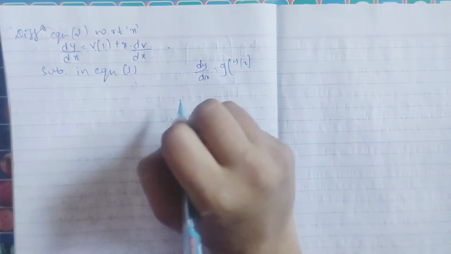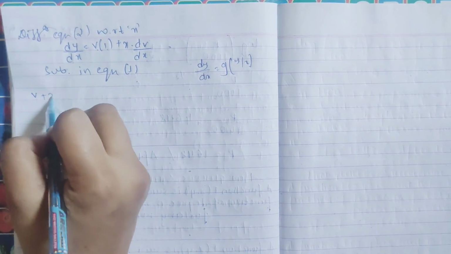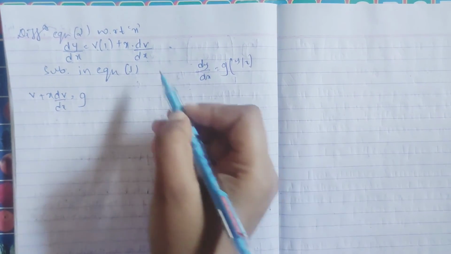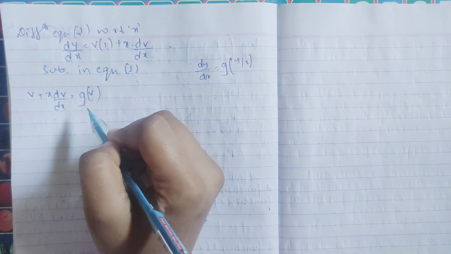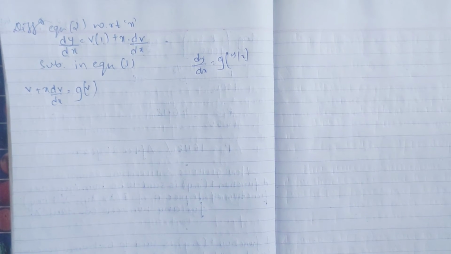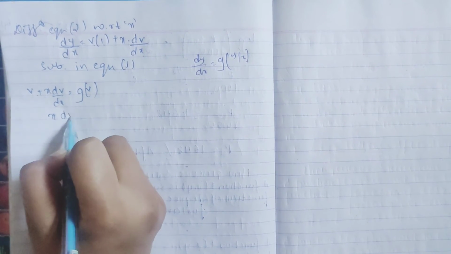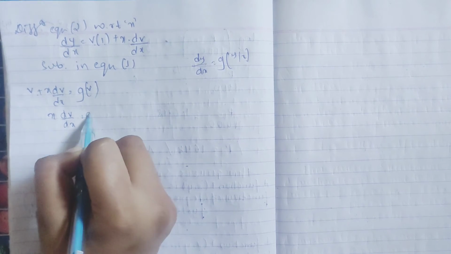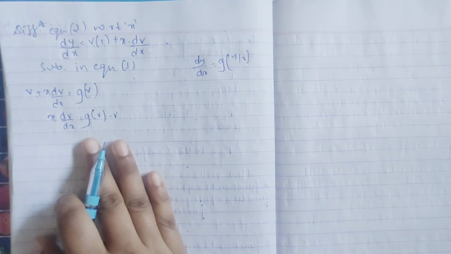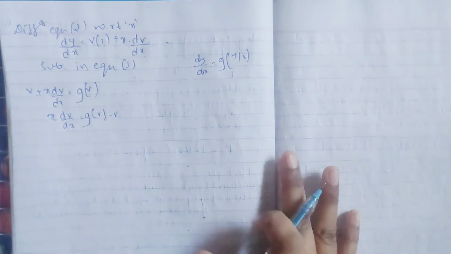So g of y by x I can take as v only, because we have taken v equal to y by x. So we get v plus x dv by dx is equal to g of v. After this, take v to the other side: x dv by dx is equal to g of v minus v, right? After coming to this point, in the same way, separate your variables and integrate.